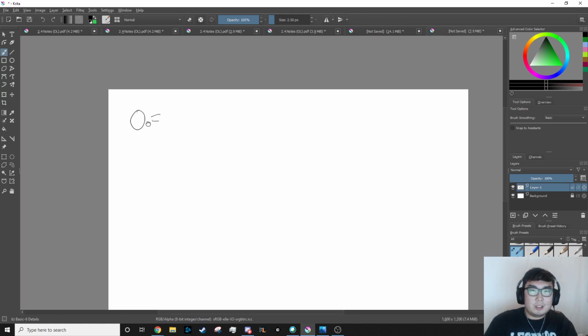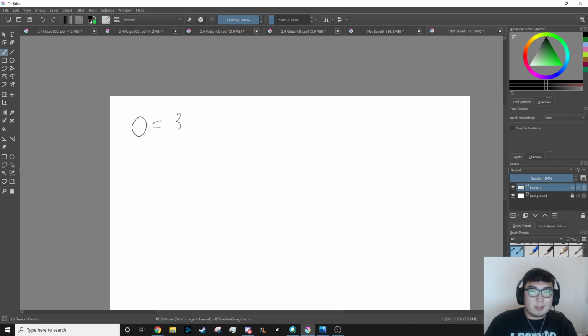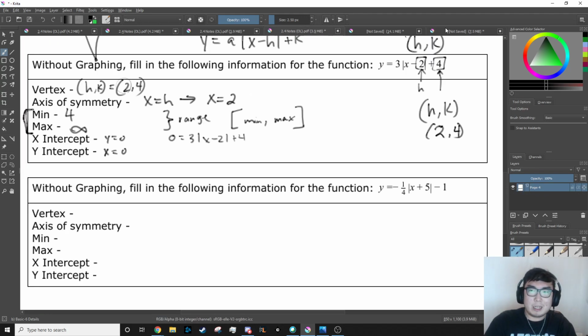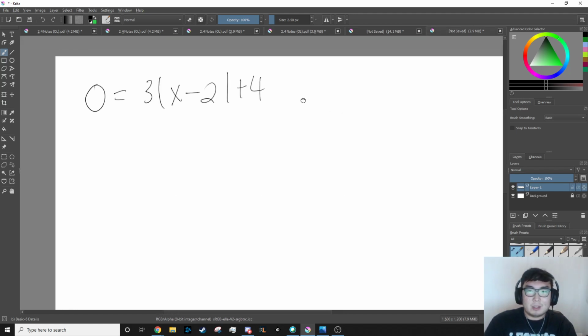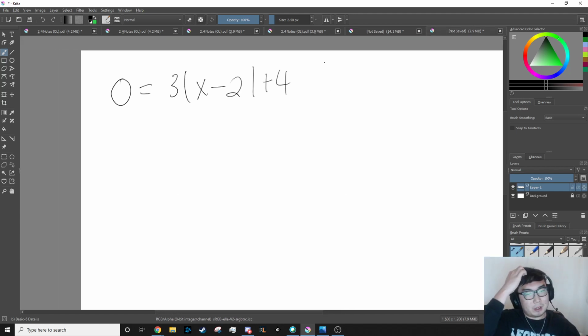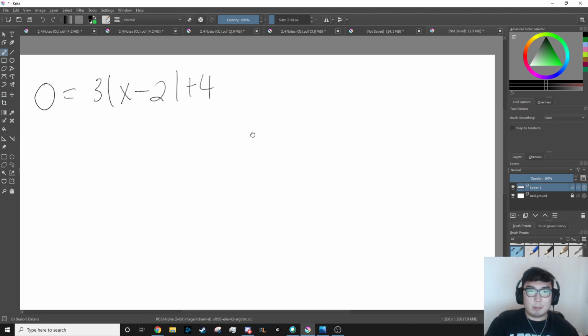Zero is equal to 3 times absolute value of x minus 2 plus 4? Bada bing, bada boom. So this is why section 1 and section 2 were super important and why we did that first. Because our first step is to get the absolute value alone.